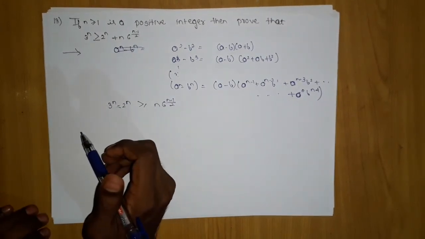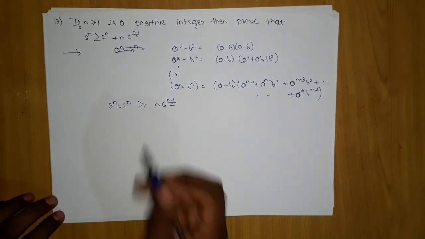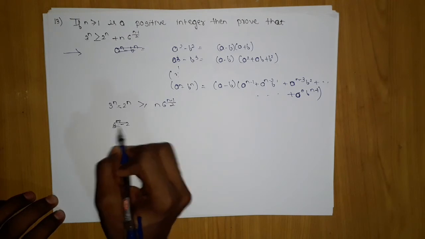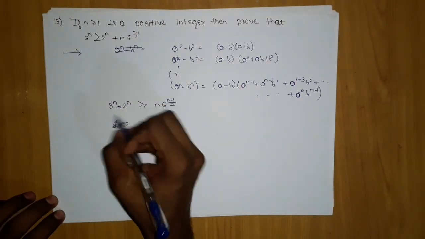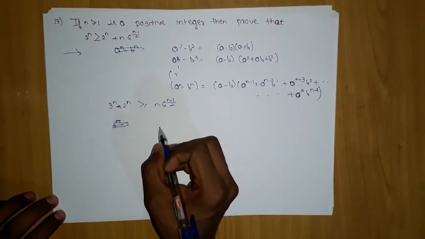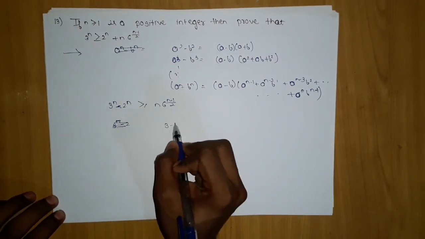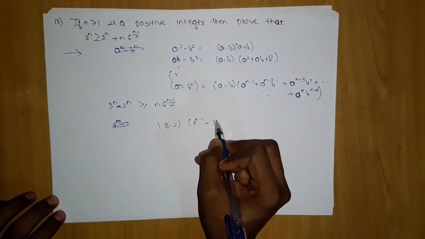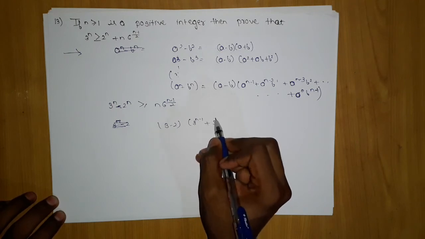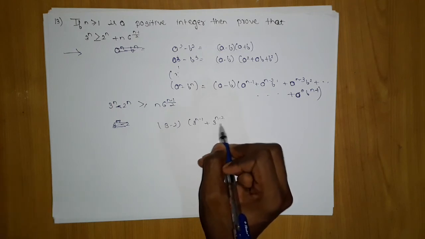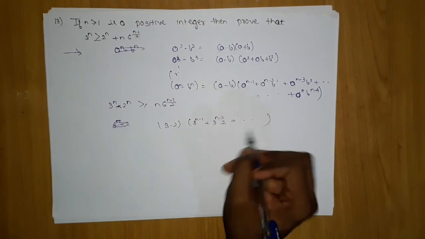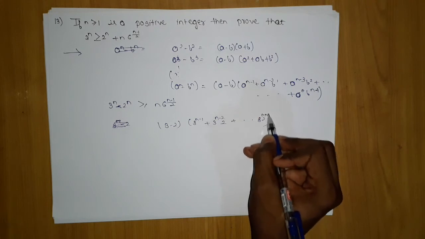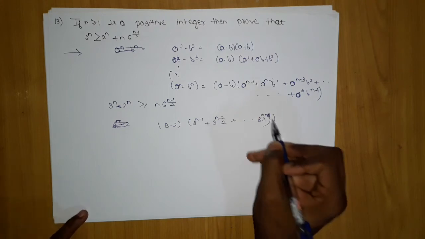So what we can do is move it here, 3 power n minus 2 power n. This gives a hint that the terms we should predict are 3 minus 2 into 3 power n minus 1 plus 3 power n minus 2 into 2 and so on. We will predict this term, and it will be 3 power 0 into 2 power n minus 1, the last term.